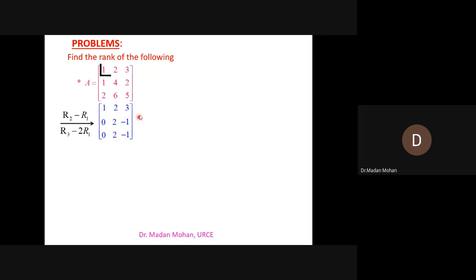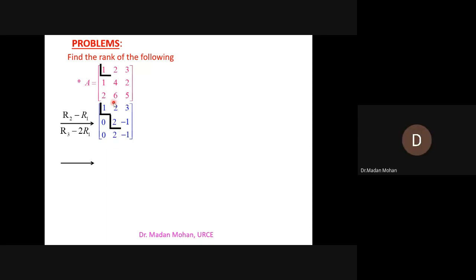Okay. Now I am getting down one step. These two are 0. Now I want to get down only one step. I should not get down another step. If you get down another step, it is not echelon form. Now I want to make this 0. To make it 0, we use the arrow. What is the operation? Please tell me. R3 minus R2.